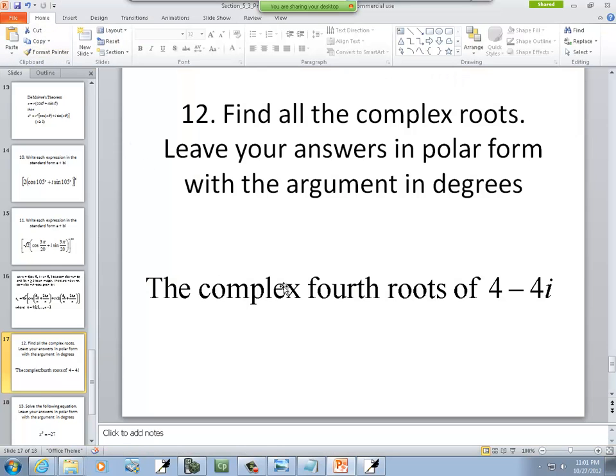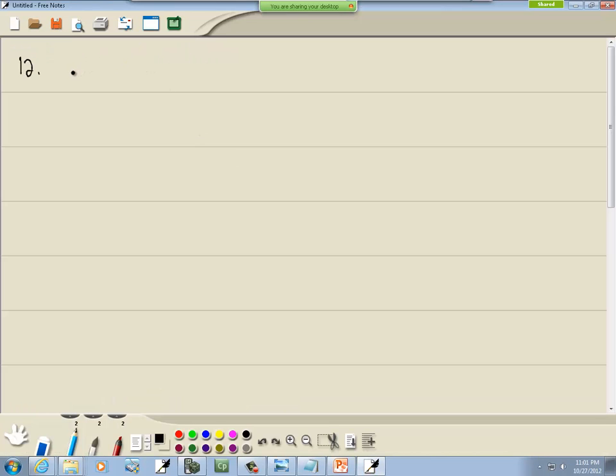Now, to say we want the complex fourth roots of 4 minus 4i, that means originally the problem started this way: x to the fourth is equal to 4 minus 4i. And we solve for x, so we take the fourth root of both sides, and we'd end up with x is equal to the fourth root of 4 minus 4i.